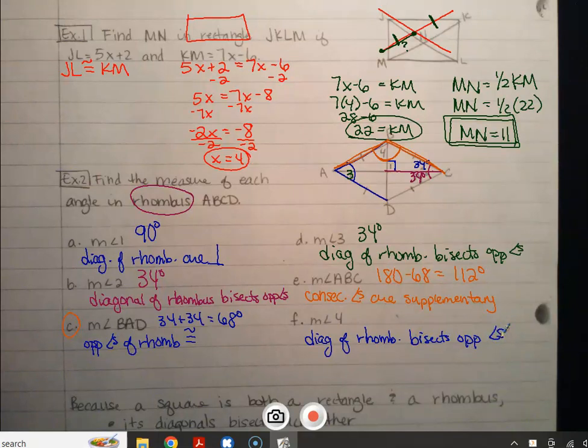So if angle ABC is 112, this is going to be half of angle ABC. So it's half of 112 degrees, which is, good, 56 degrees.